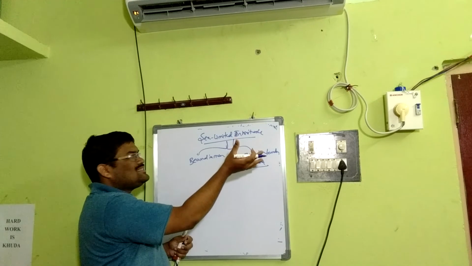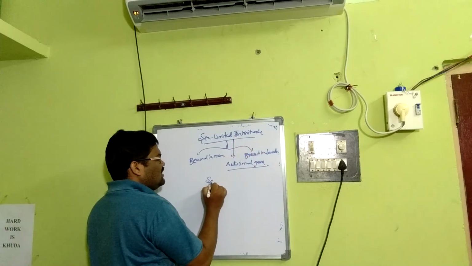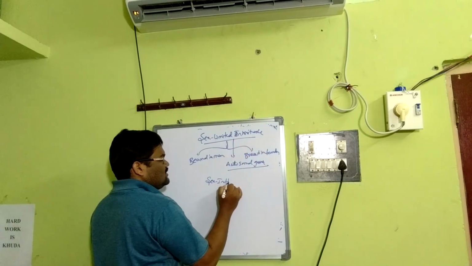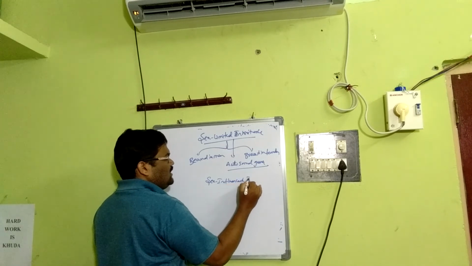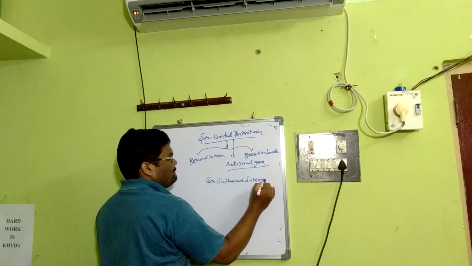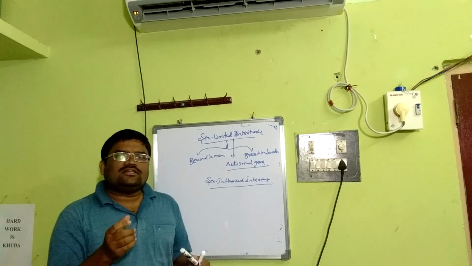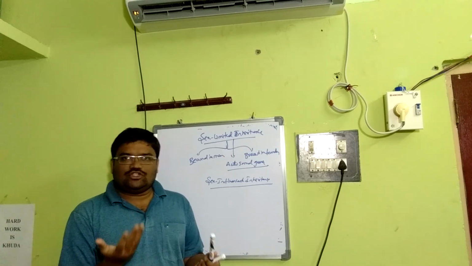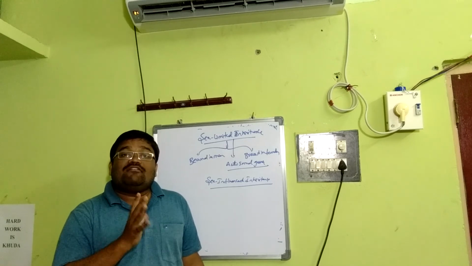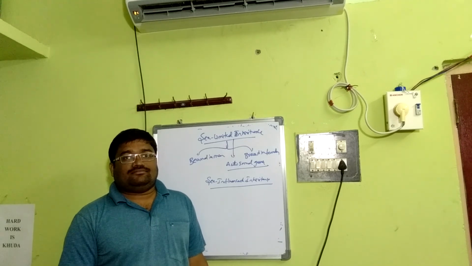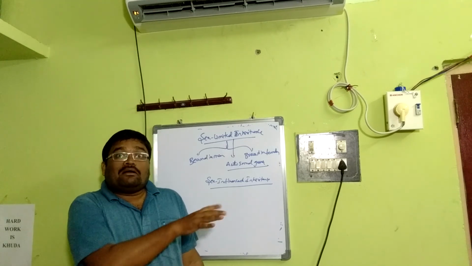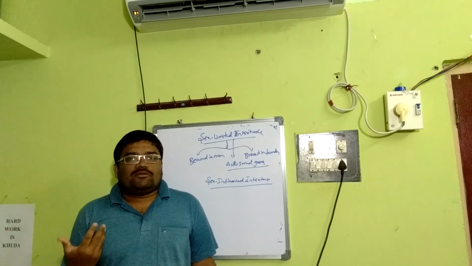Okay. Just like sex-limited inheritance, there is sex-influenced inheritance. We have another pattern, sex-influenced inheritance. Here, sex-influenced genes are also autosomal genes, but they behave differently in different sexes. In one particular sex they may be dominant, in the other sex they may be recessive.